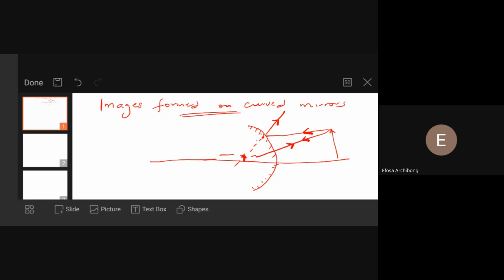Sometimes you can see a question like this. WAEC or NECO might want to twist their question a little. They will tell you an object is kept 12 centimeters away from a convex mirror. Now they will not tell you to sketch an accurate diagram showing the position of the image formed by that very mirror.